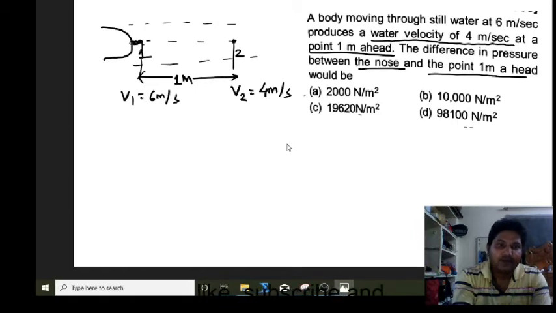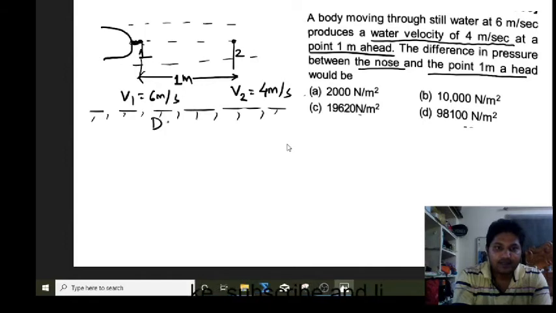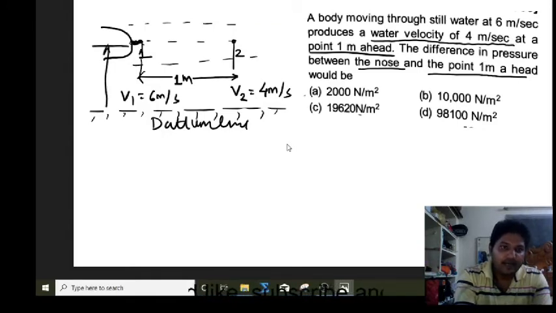So we can apply the Bernoulli equation. Suppose you choose the datum line at the bed, then both Z1 and Z2 are the same.